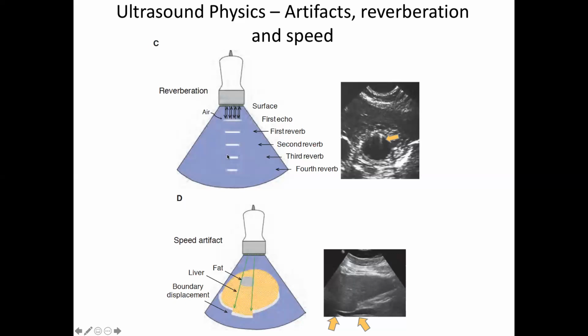Each time it just thinks it comes from that much deeper than the primary position, because it's like, here's my first echo, and then there's a second, third, fourth, fifth, and they just go down. And then that causes an artifact that looks like this, which some people call a comet tail artifact.